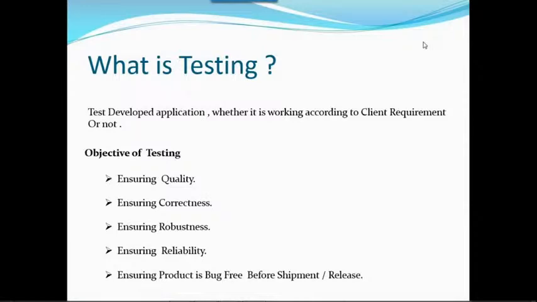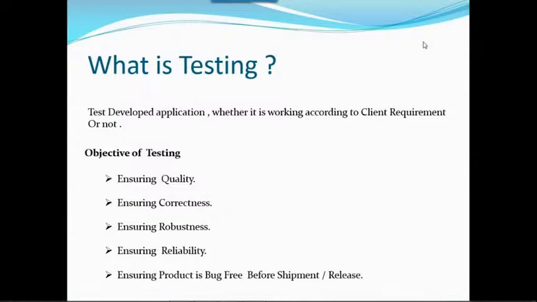We cannot do 100% of testing, it's not at all possible, but we give the assurance to the client: don't worry, we already tested your application, we found a lot of issues, we already fixed those issues, we already verified those issues, and you can happily launch the product in the market. Then only the client will launch the product. Understanding, right?